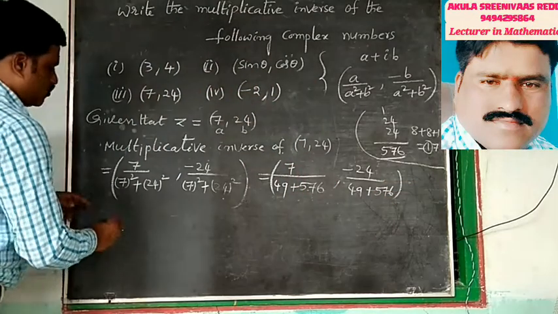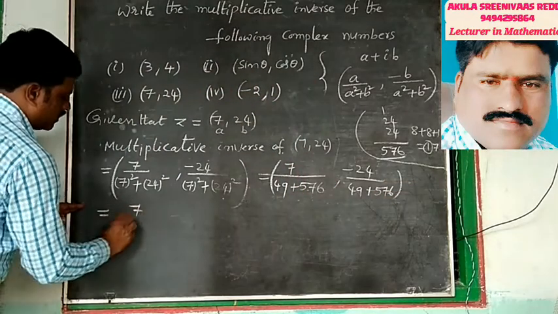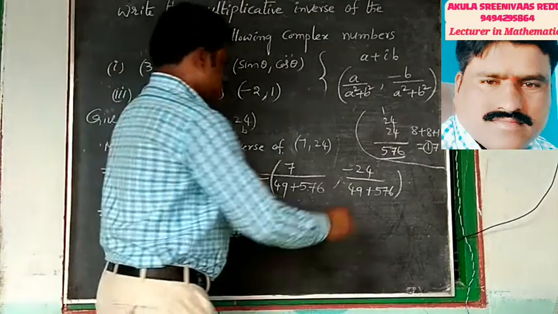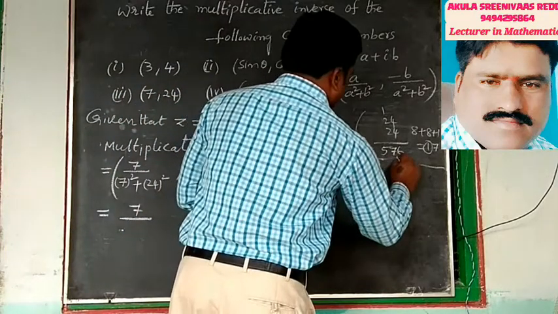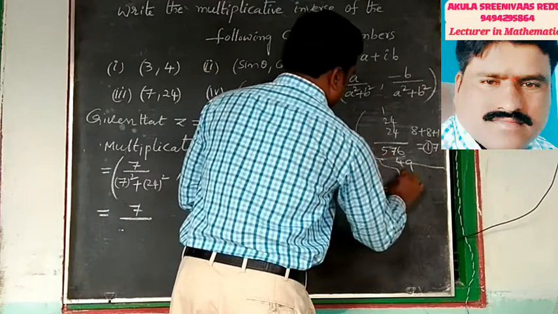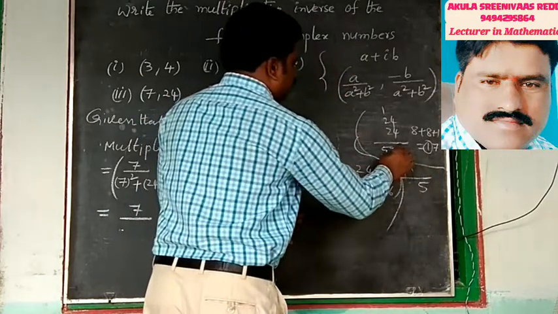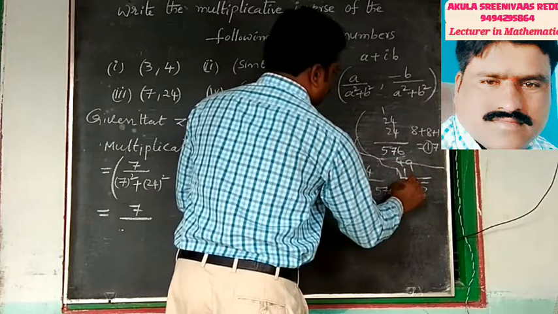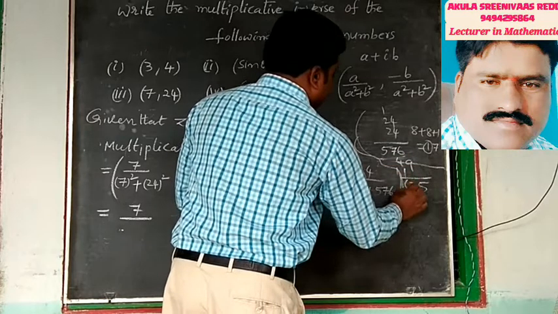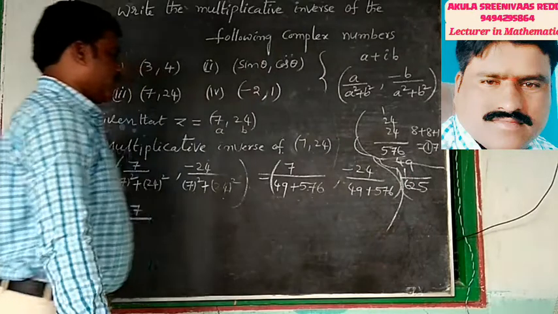That is equal to 7 by 576 plus 49. 9. So 5, 1, 8 plus 4, 12, 5 plus 1, 6, 625.